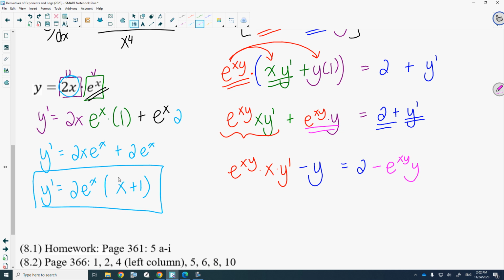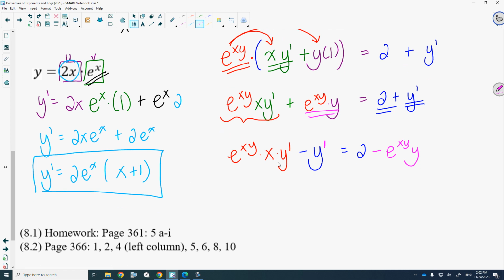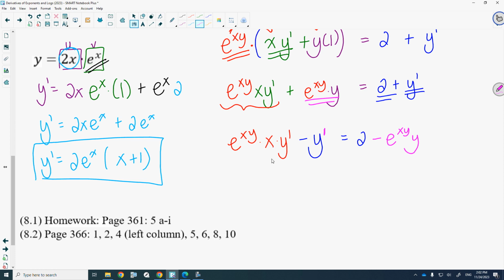From here, I want to isolate y prime. Sorry, when I bring this over, it's going to be negative y prime. So I'm going to factor out y prime from these two terms.